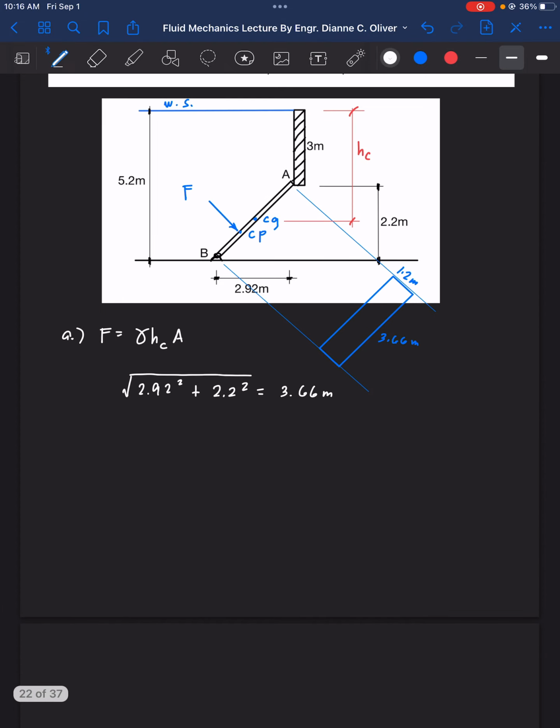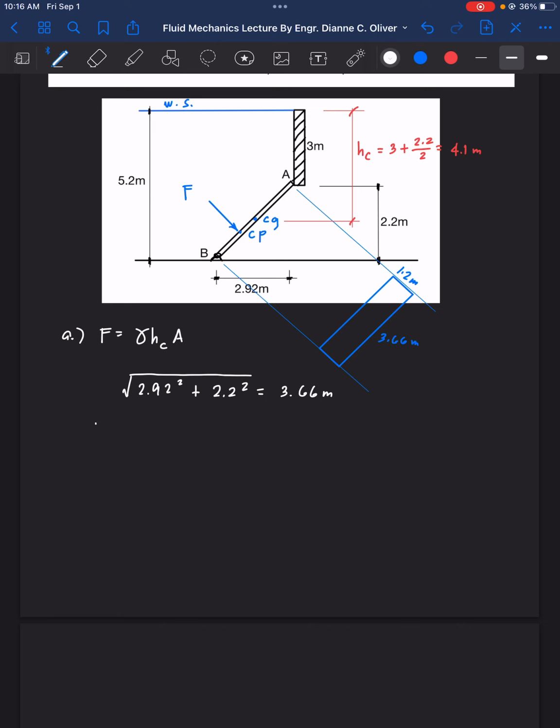As you can observe here, our HC is equal to 3 plus 2.2 divided by 2. And that is equal to 3 plus 1.1, that is 4.1 meter.